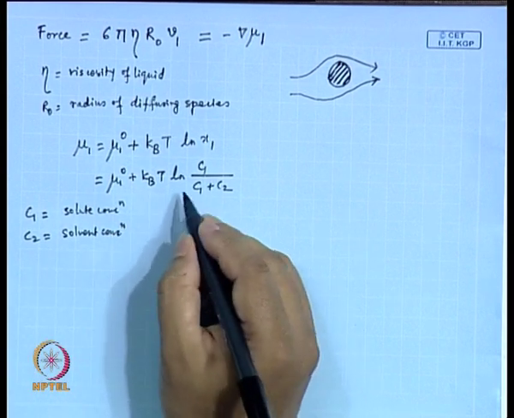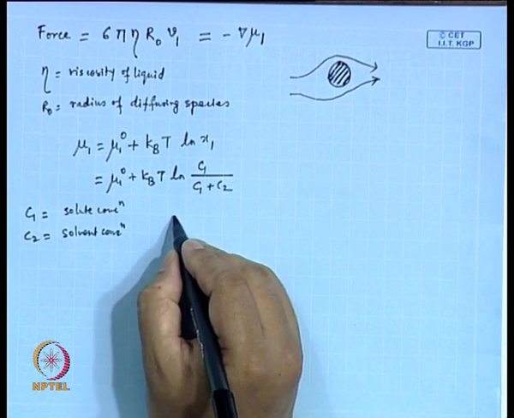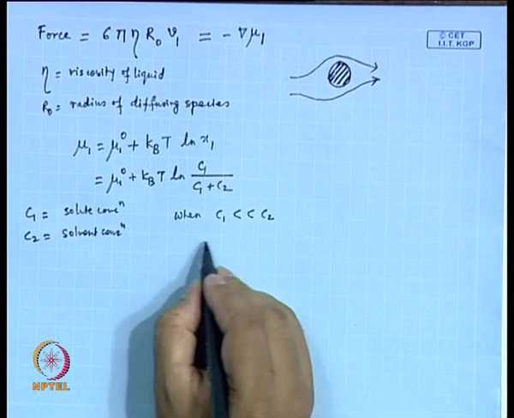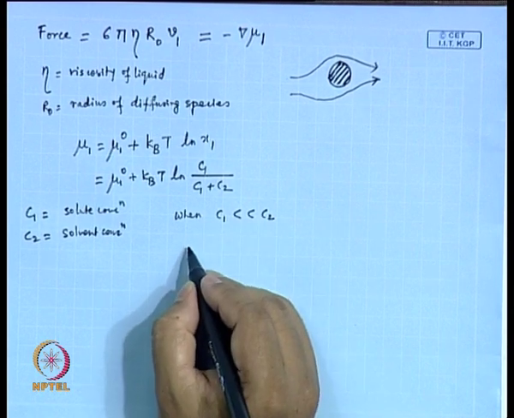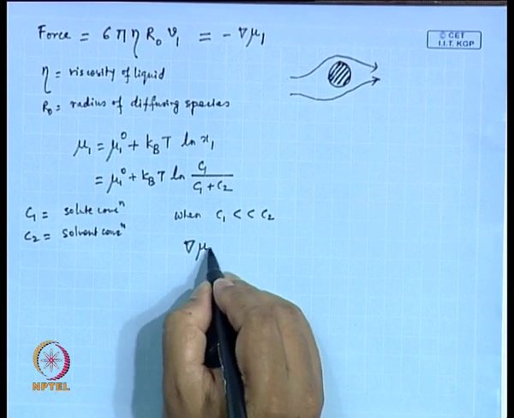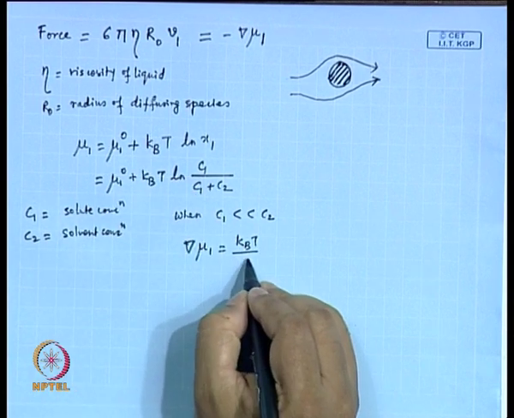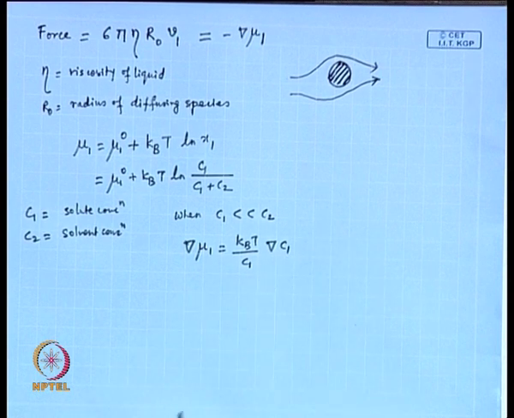Okay. So, when C1 is much less than C2, you can write grad of mu1 equal to kBT by C1 grad of C1. Okay.